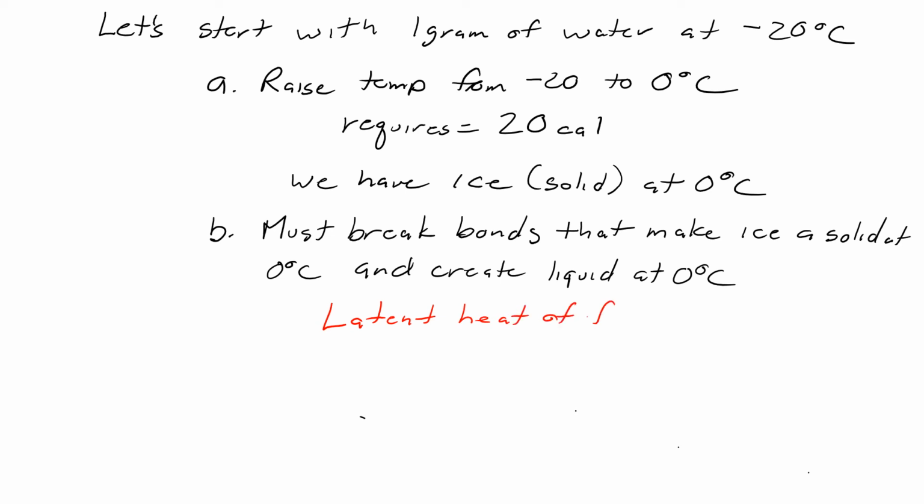It varies from substance to substance. It's different for CO2 than it is for nitrogen, than it is for carbon monoxide, than it is for water. Latent heat of fusion for water is 80 calories per gram.